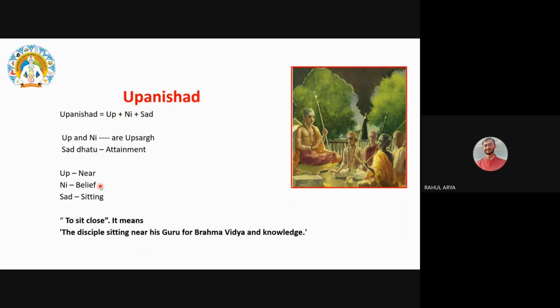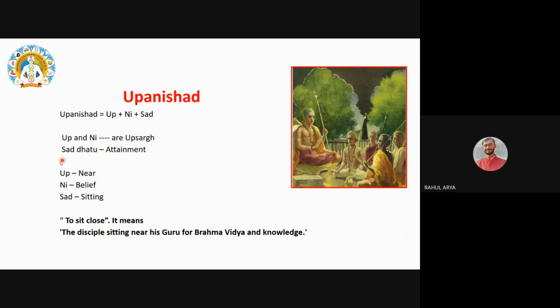It means the student should be devoted to the teacher. He should believe that whatever he is getting from the teacher is true knowledge. So Ni means belief that whatever the guru tells us will be good for us, and that is the true knowledge. Sad means sitting.